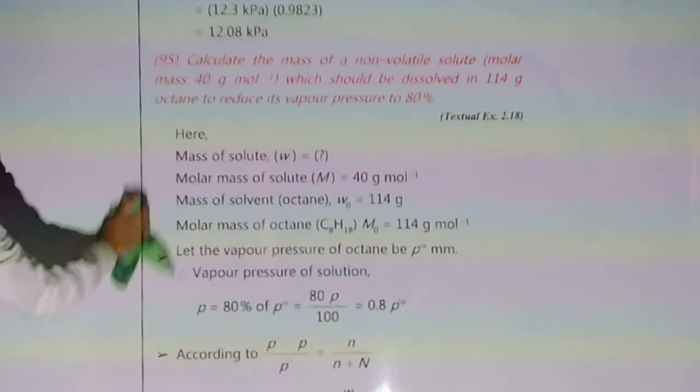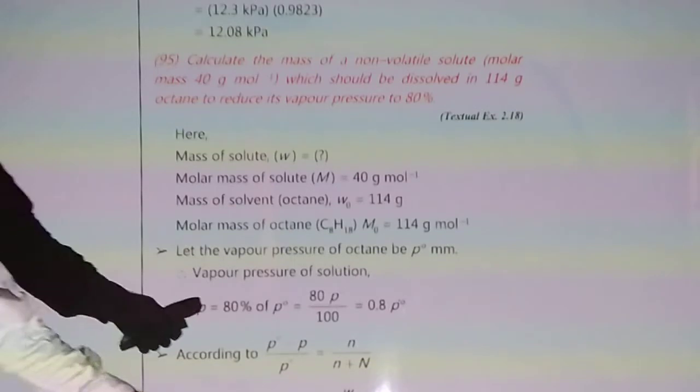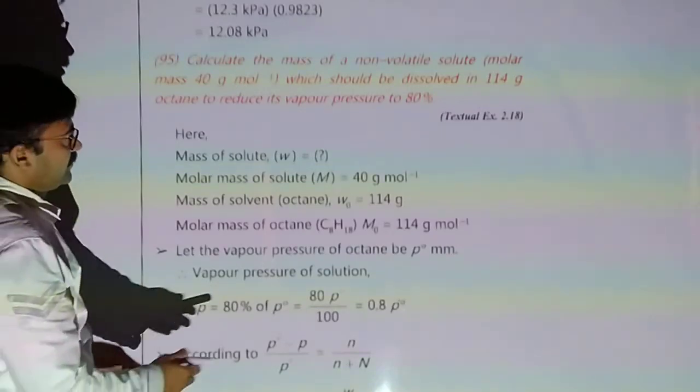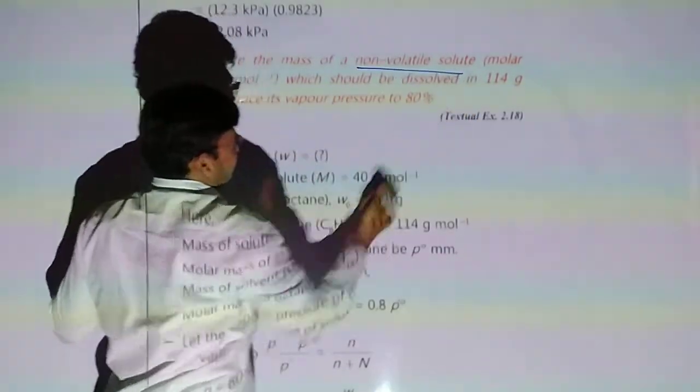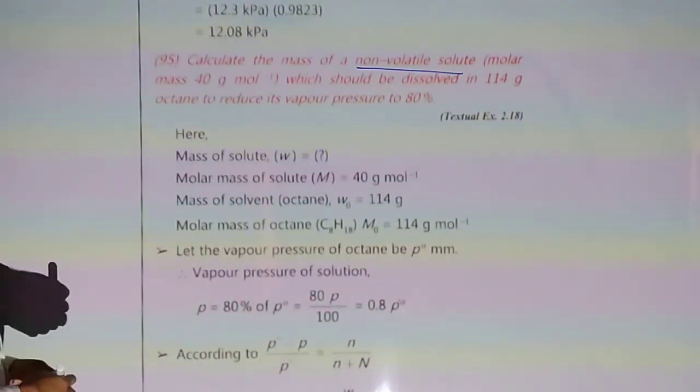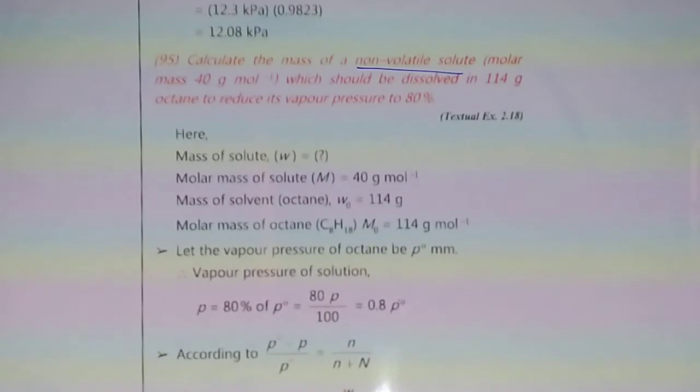You can see in text exercise 2.18, calculate the mass of a non-volatile solute. Solute volatile નથી, non-volatile છે. Molar mass of it is 40 gram per mole, which should be dissolved in 114 gram octane.